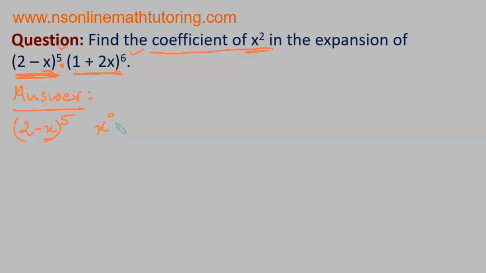The first term will be having the power of x as 0 and the last term will be having the power of x as 5. You don't have to write the coefficients of every term. You don't have to write this 2.